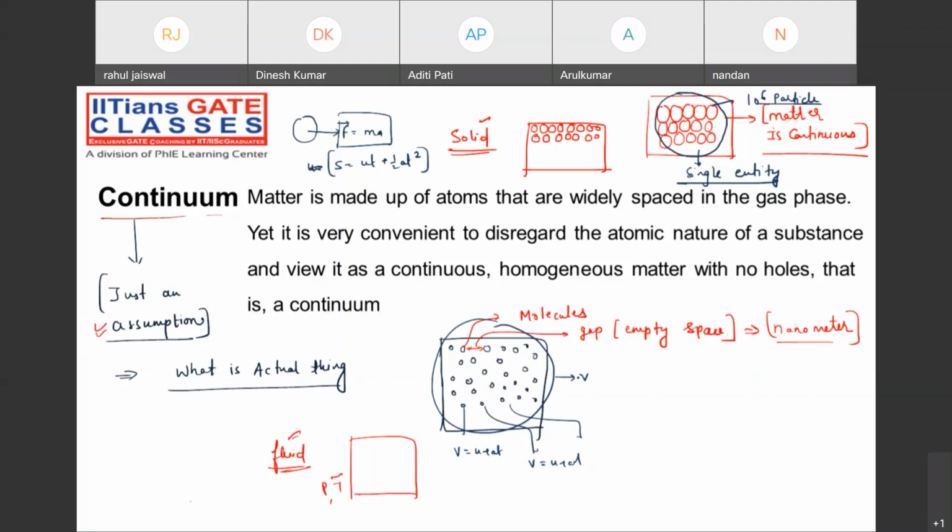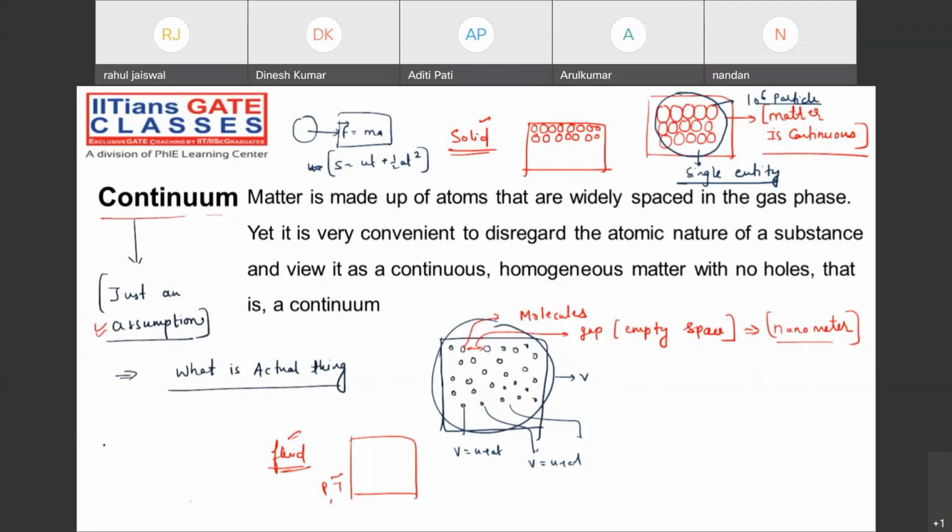It's a very simple thing. When we treat the matter to be continuous, we can consider the whole number of particles, whatever the number will be, as a single entity. And now whatever laws are there, directly we can apply, whether it is Bernoulli's equation or anything else.